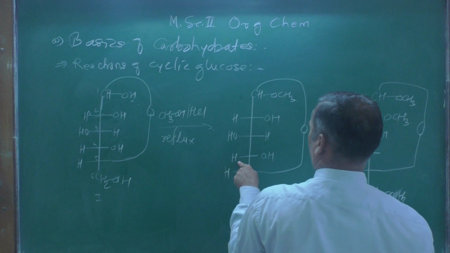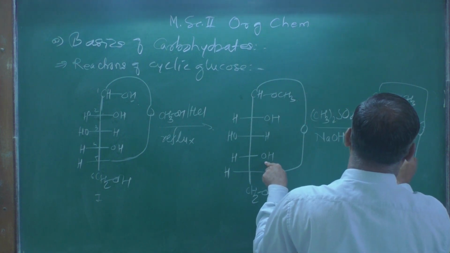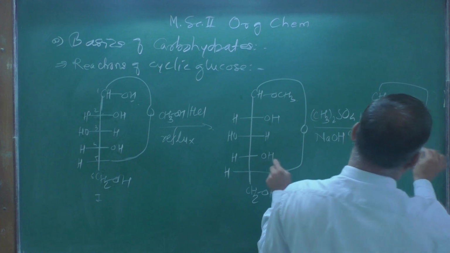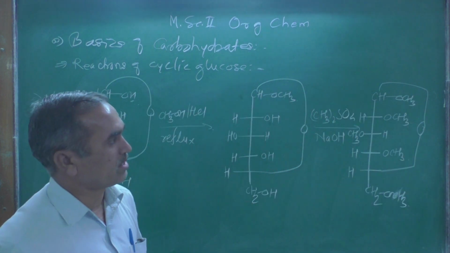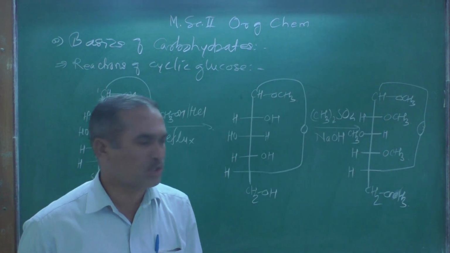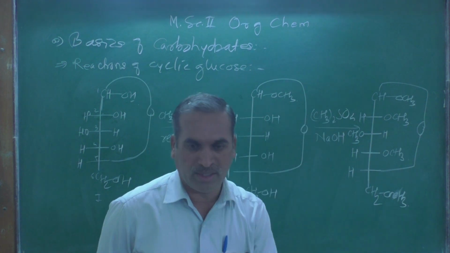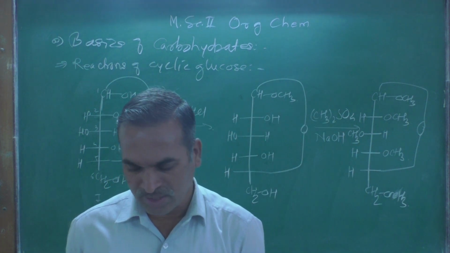Here the hydrogen you write as it is, whereas this hydrogen atom gets replaced by the methyl group. Observe this structure carefully. In all the hydroxyl groups, the proton gets replaced by the methyl group, that is, methylation occurs.